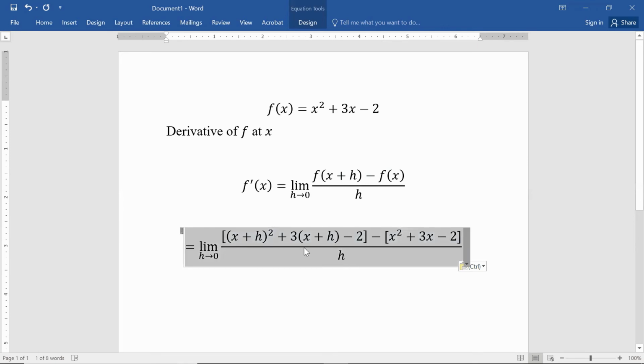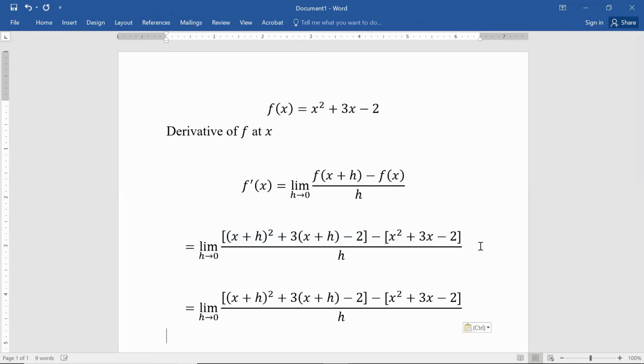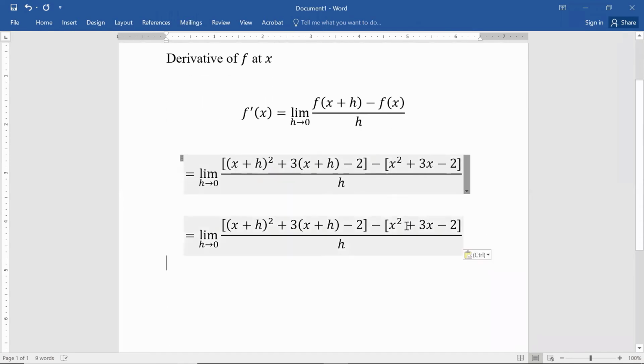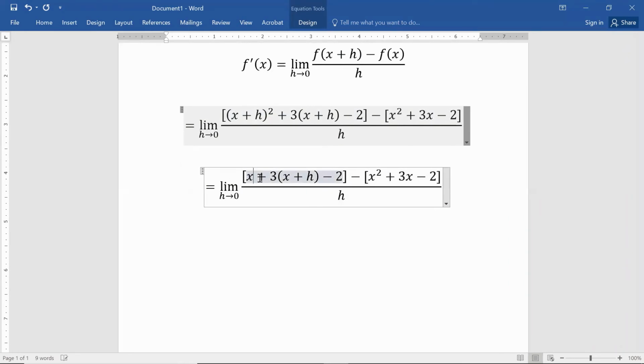I'm going to go through this fairly quickly. I hope that you can slow me down if I need to be slowed down. The (x plus h) squared, when we do that, is going to be x squared plus 2xh plus h squared.